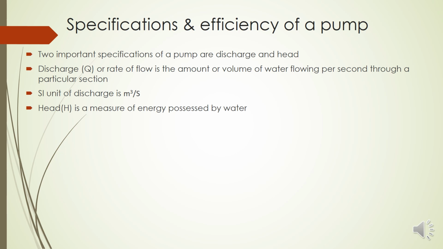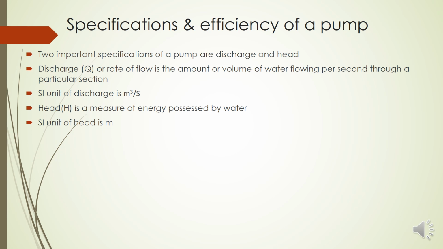In the Bernoulli equation, you can see three heads: kinetic head, pressure head, and potential head. The total head means the sum of these three heads, and it represents the total energy. The energy is represented in head. So more head means the water has more energy. And the SI unit of head is meter.